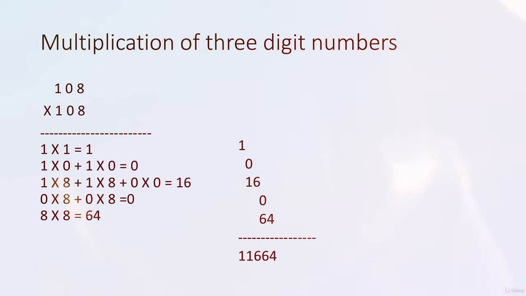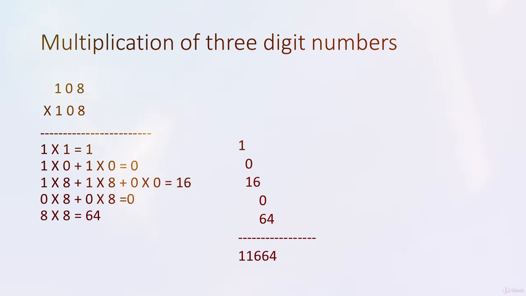So for doing multiplication of 108 by 108, we will keep on taking reference from our previous diagram for how multiplication has to be done. For the leftmost digit of our result, we will do vertical multiplication between the leftmost digits of our multipliers.